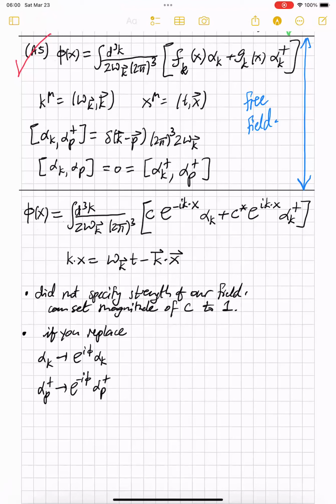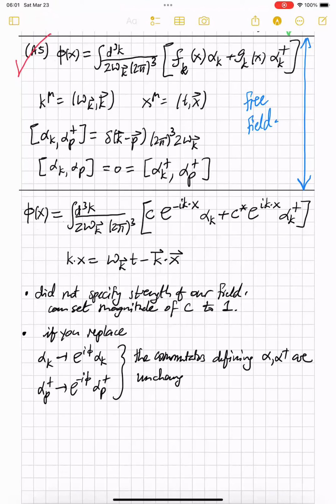So I just daggered the first equation. That's why the e to the I phi became an e to the minus I phi. If you do this replacement, the commutators defining alpha and alpha dagger are unchanged.